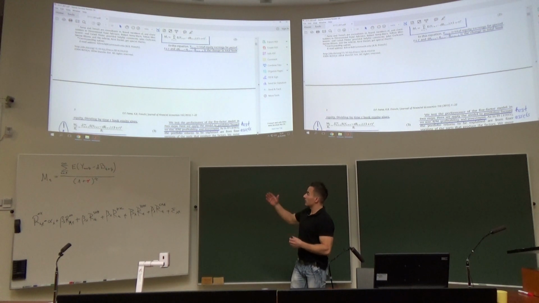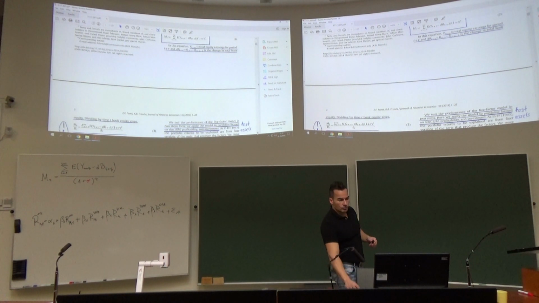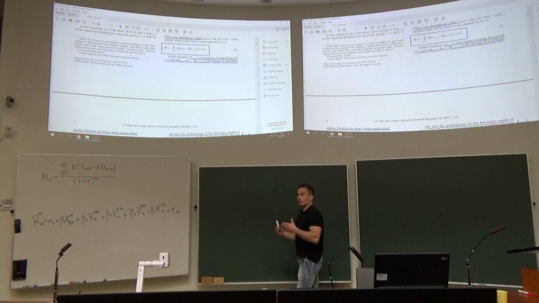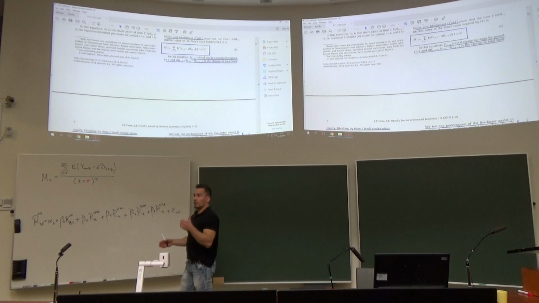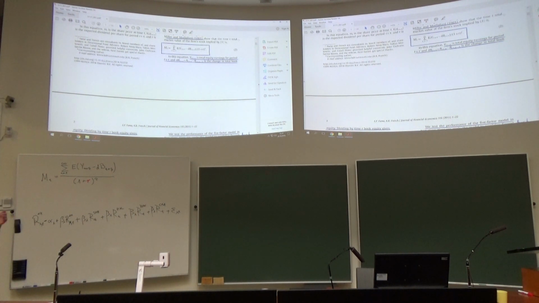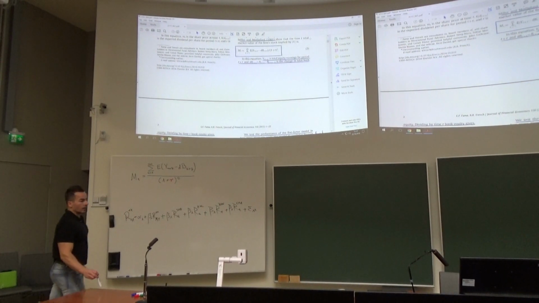But in their 5-factor model, in their new paper, I told you already when we were talking about the Novy-Marx paper that we will come back to the equation from the Novy-Marx paper, and this is what you see here. The second equation is exactly the same as in the Novy-Marx paper.